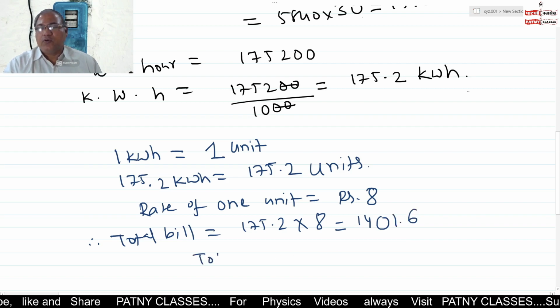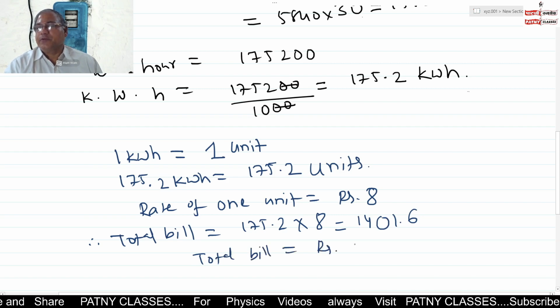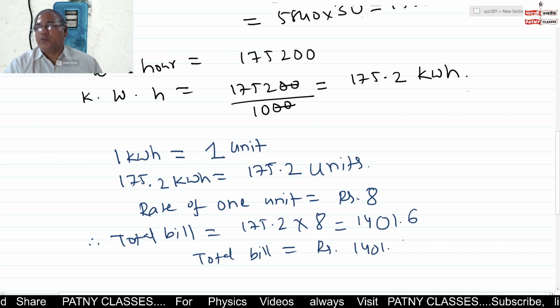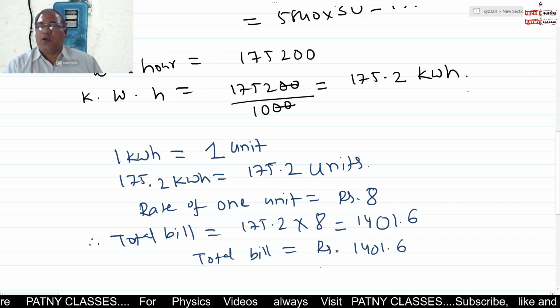Therefore the total bill equals 1401.6 rupees. This would be the monthly bill of your house.